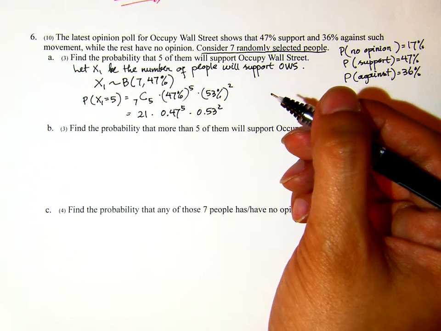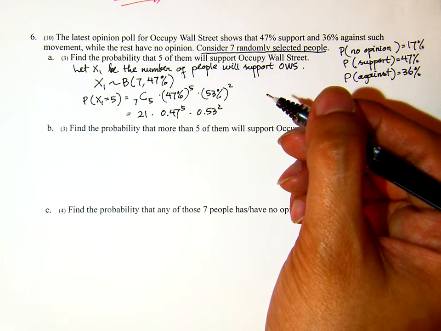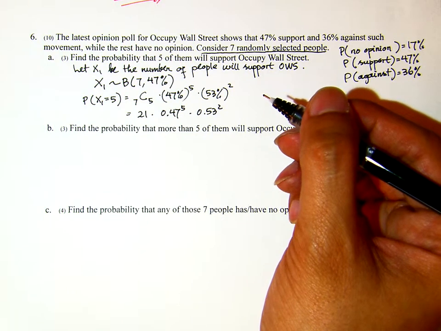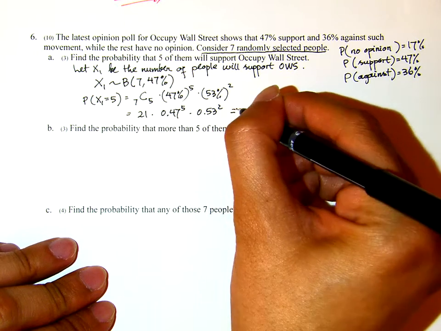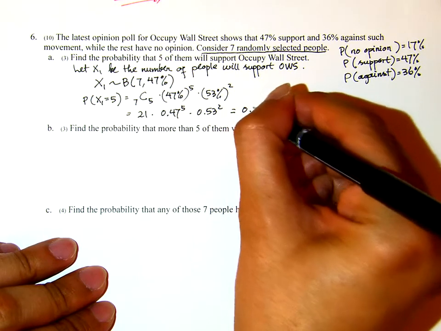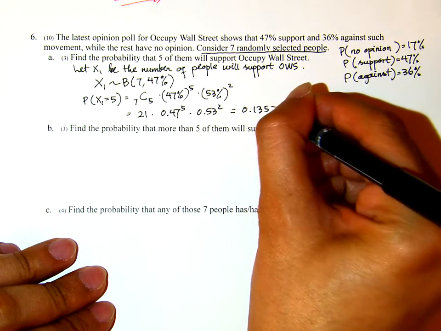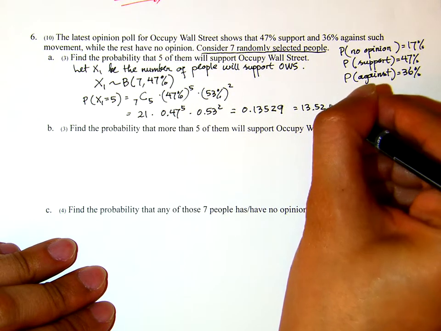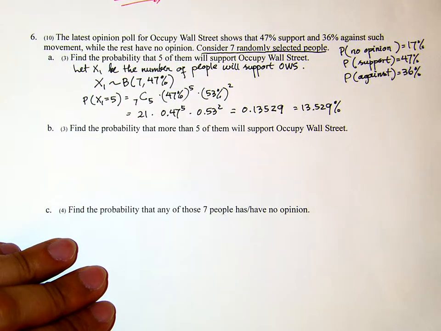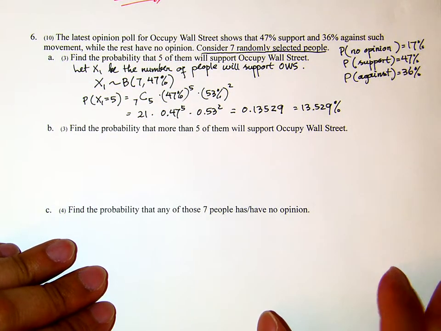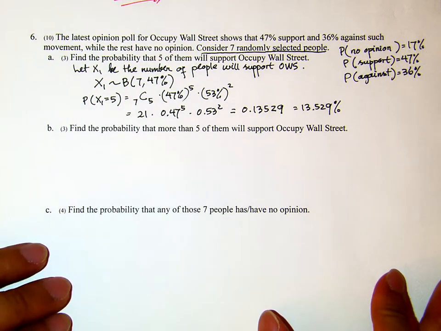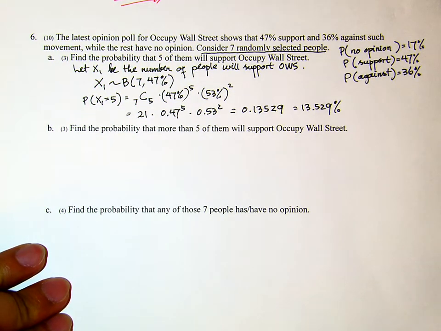Using the calculator, I get 0.13529, or 13.529%.